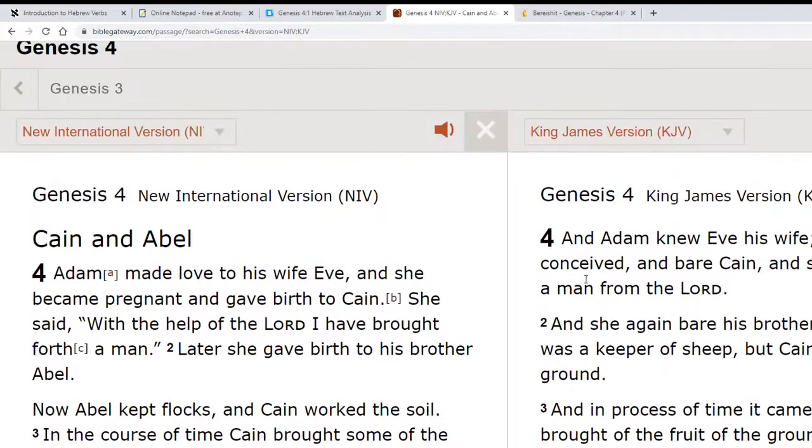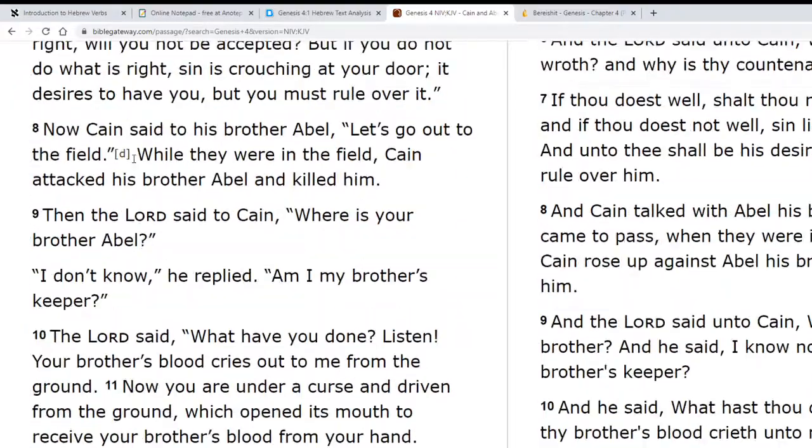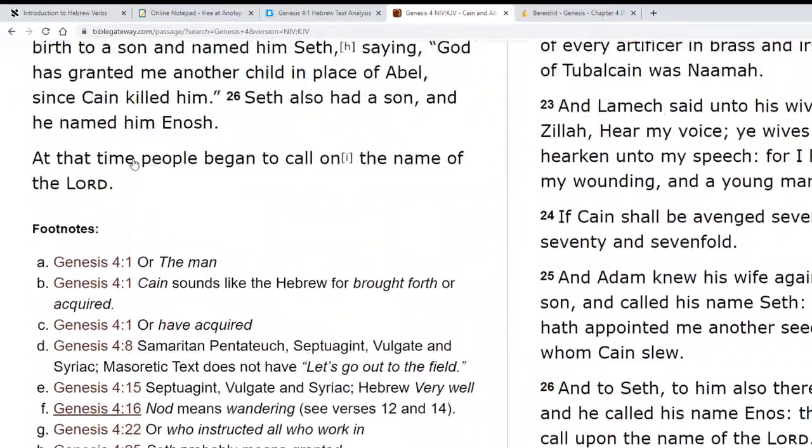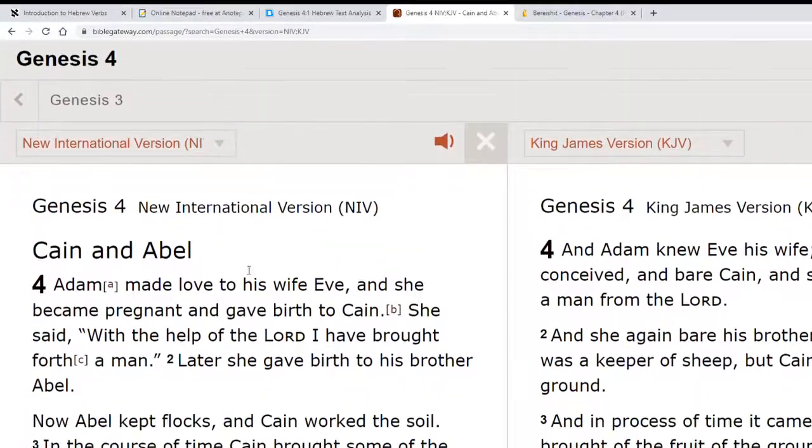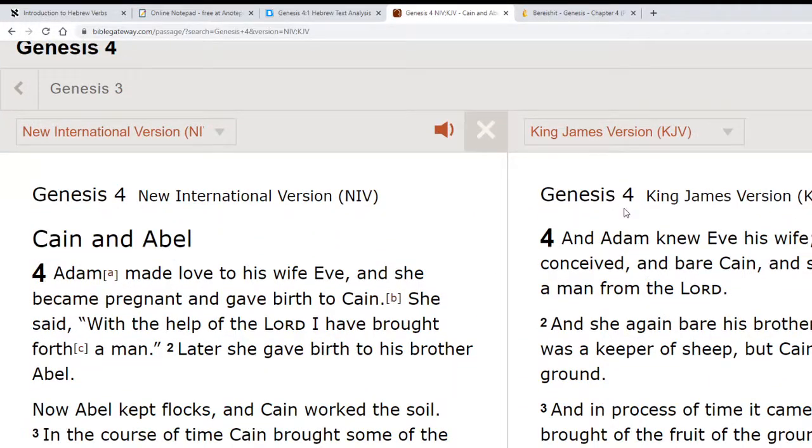Strange way of saying it, but okay. So let's see what NIV says. Adam, and I think the note here is going to agree with what I said, or the man. Yeah, that's how I would translate it. But I guess King James does Adam, so they left it that way.